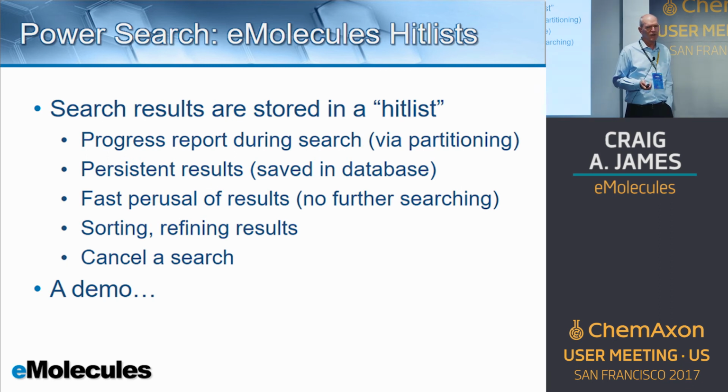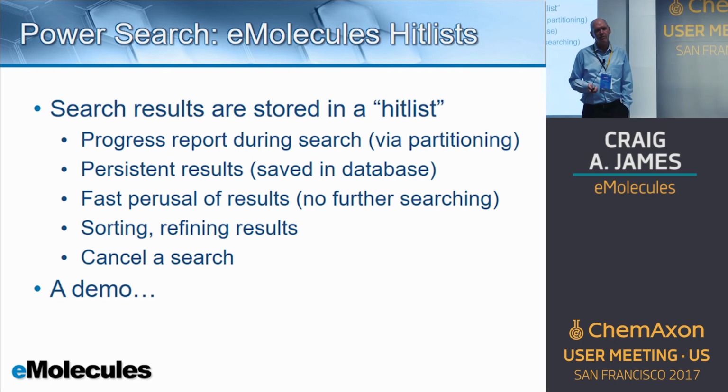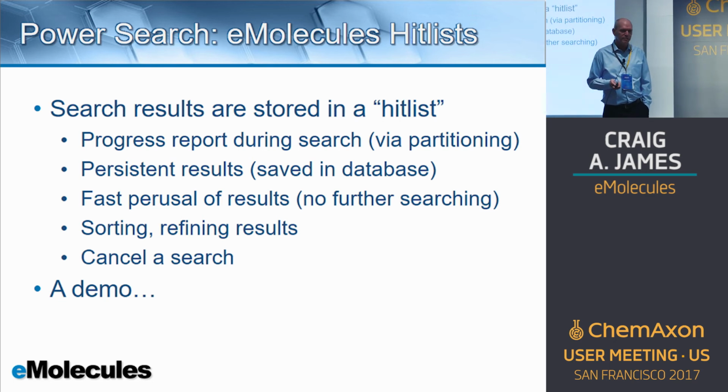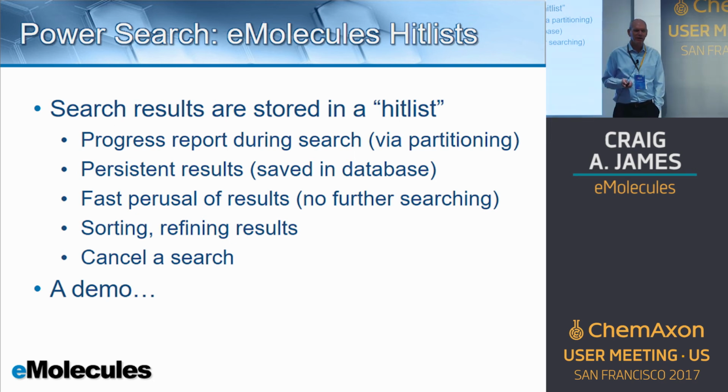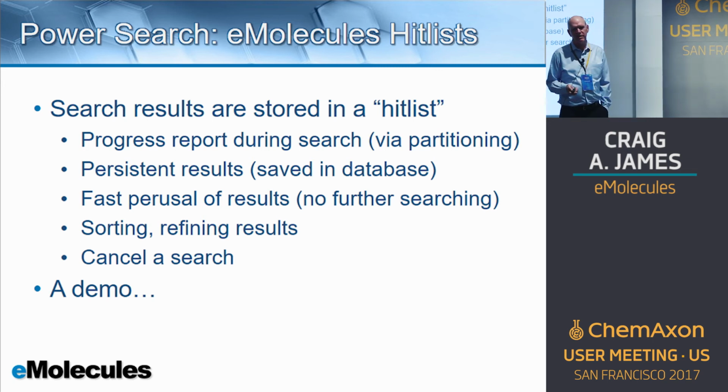I don't know that we have a browser available anyway, but I would invite you to check out eMolecules.com just for today only. If you go to ChemAxon-demo.eMolecules.com, it doesn't do the fast search, it only does the hit list search. So you can actually try it. It's a little slow today.